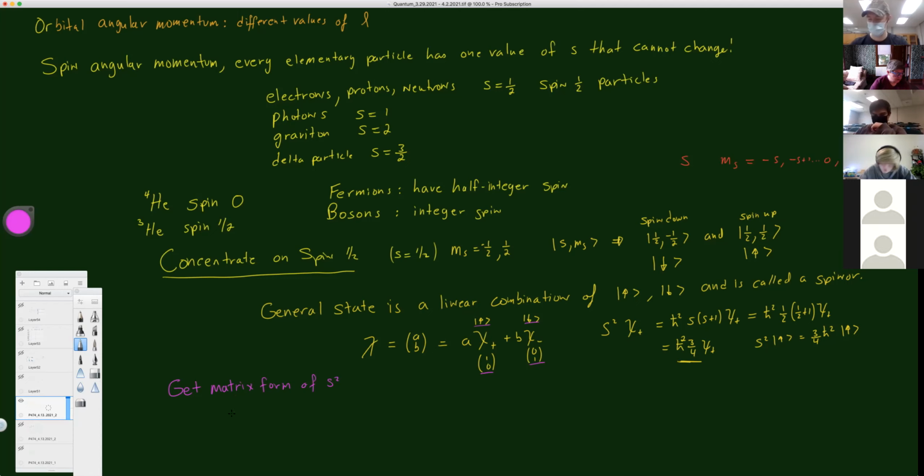So if you recall, let's just write down the general form of s squared in matrix form. What would it look like? Well, it's going to be a 2x2 matrix, right? It's going to be s11, s12, s21, s22, right? Those are just the indices, okay?